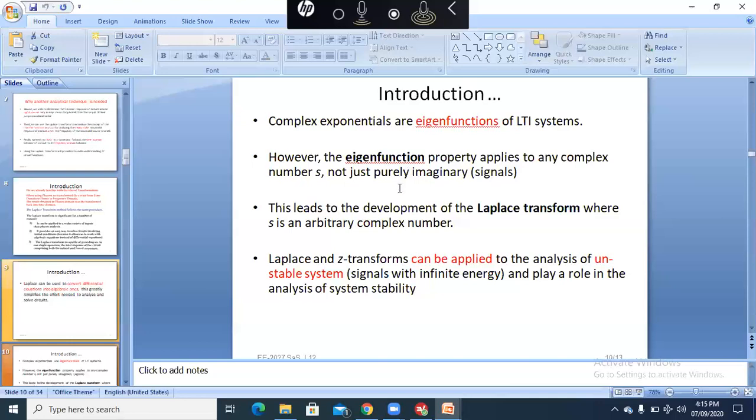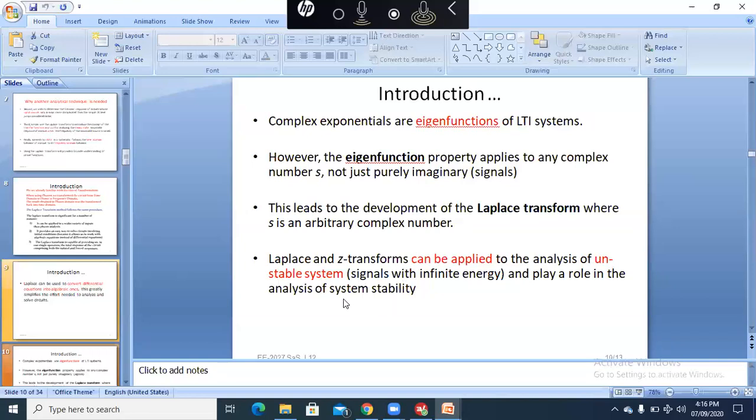So that is helpful. This eigenfunction property is the basis for the development of the Laplace transform method, and that gave us a stable response from the system when we apply a signal which has infinite energy, or when the system is unstable.